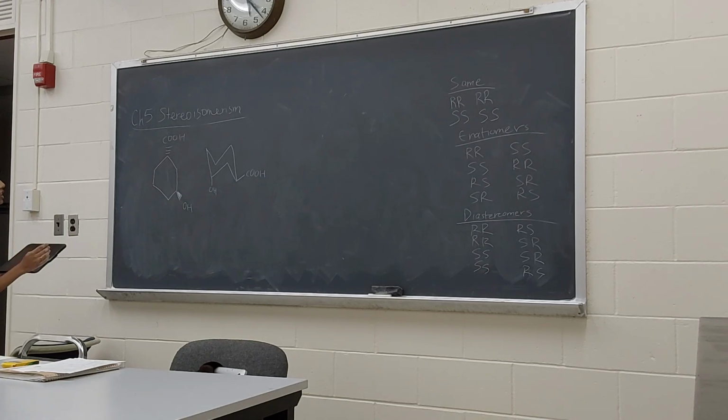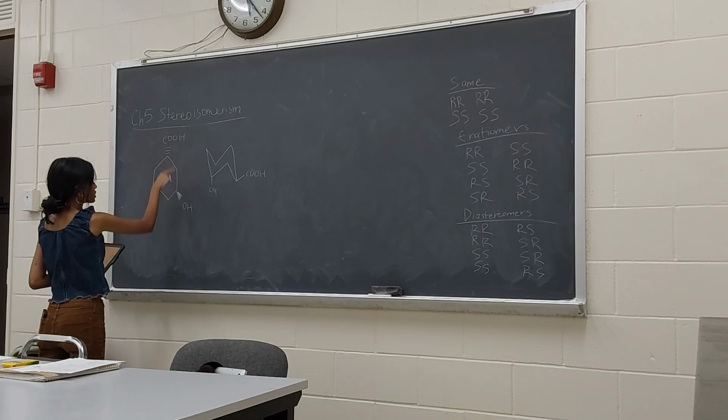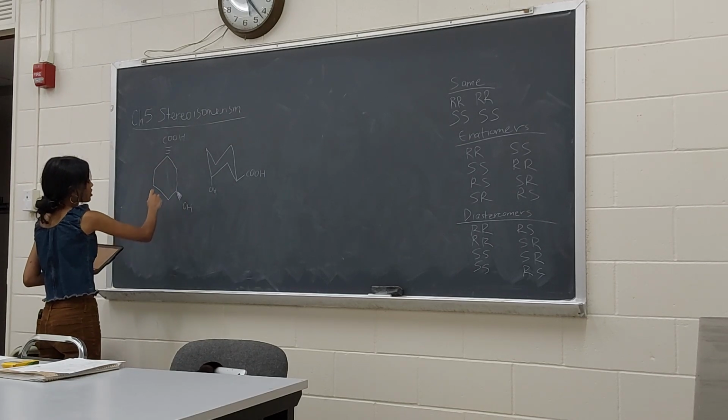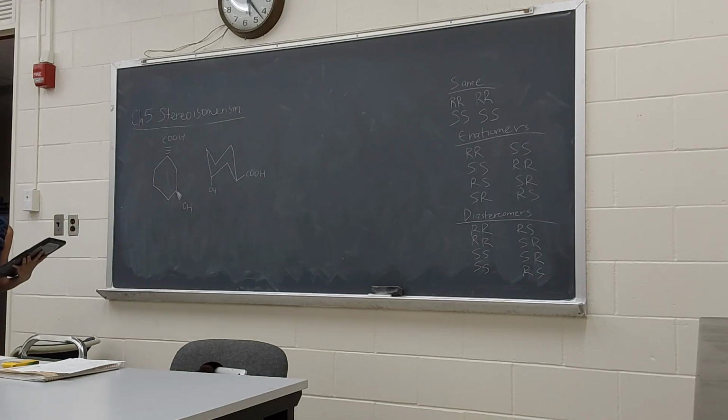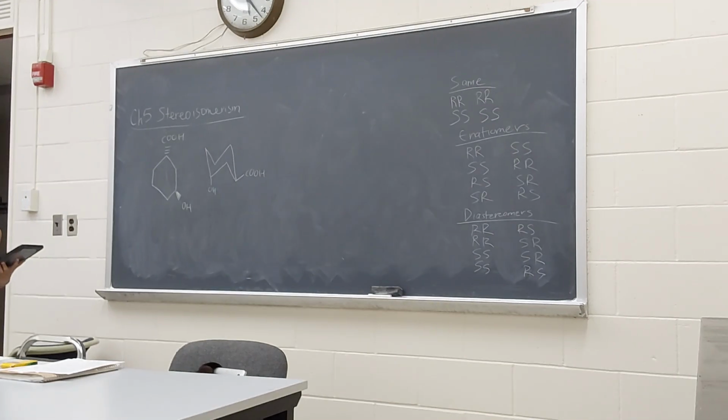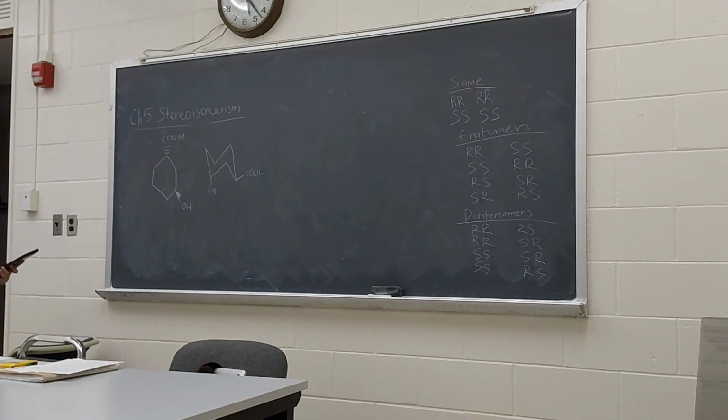No, even if I rotate it, there's 6 carbons, right? And the carboxylic acid and the OH aren't evenly placed. Not in the second dimension. You rotate it in the third dimension. If you look at it this way, you cannot make it dimensionally symmetrical.